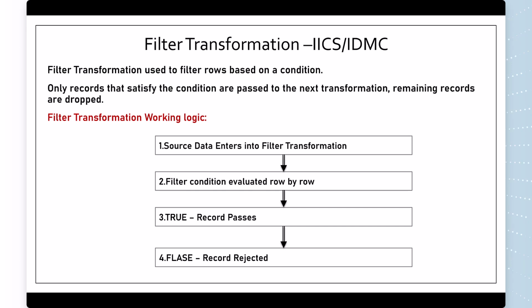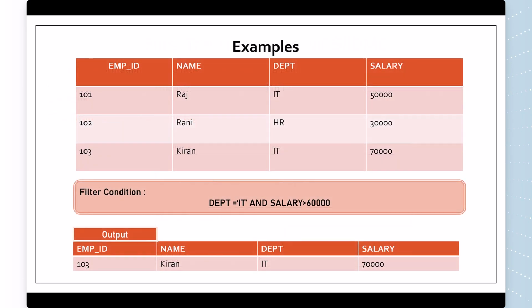Now I will show you one simple example, the same example we implemented in the ETL flow. This is my employees data. I have employee ID, name, department, and salary information. I will filter based on department first, and after that based on salary. Based on these two conditions, I will filter the data.